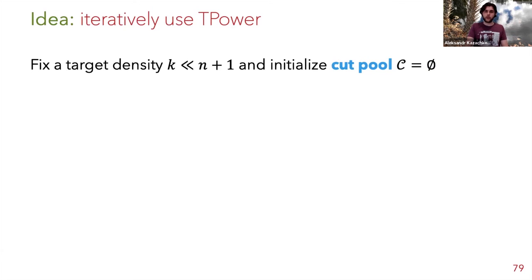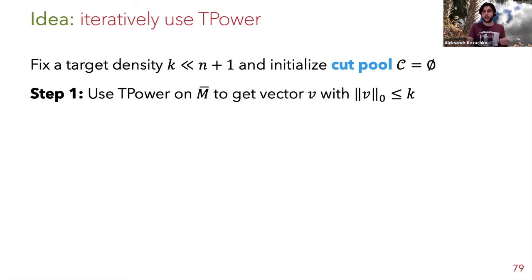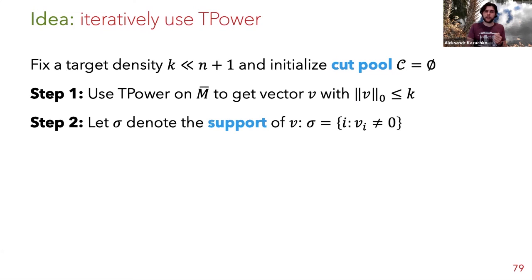What we do is we initiate a vector V, with support on V so that it is sparse, on the components of the matrix M bar.